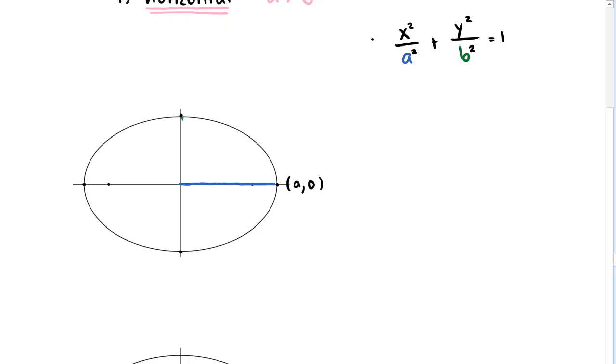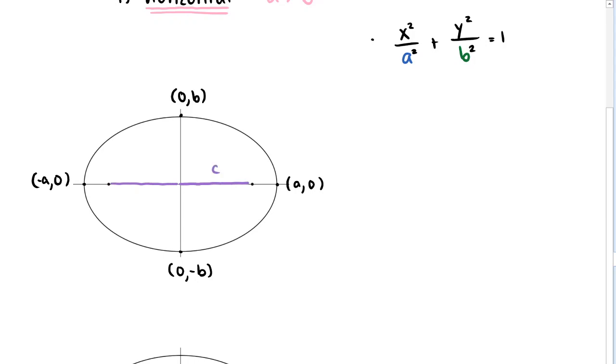And then here this distance is supposed to be b. So we can see that this point ought to be 0 comma b. This point ought to be negative a comma 0, and this point ought to be 0 comma negative b. Something I didn't mention earlier is that the foci lie on our major axis, and they lie the same distance on either side of the center.